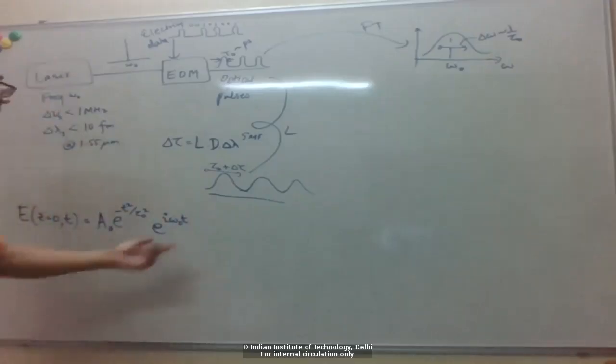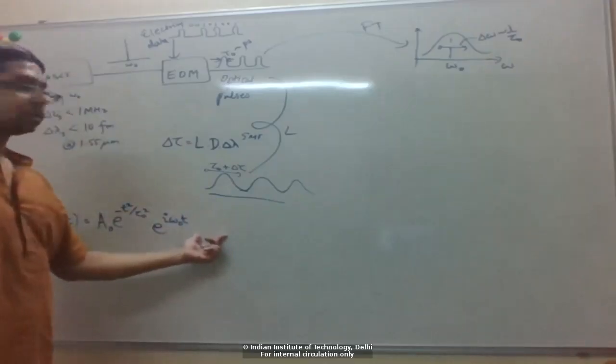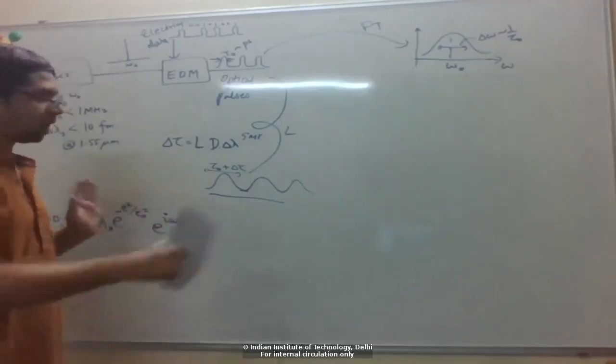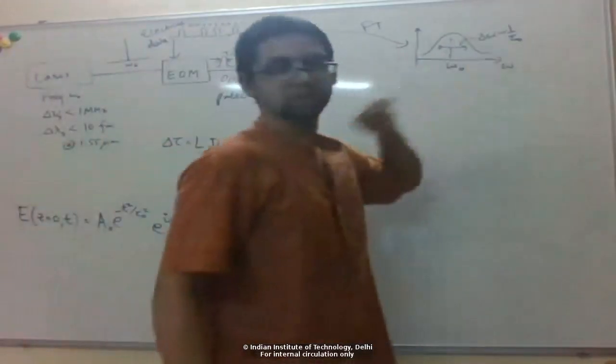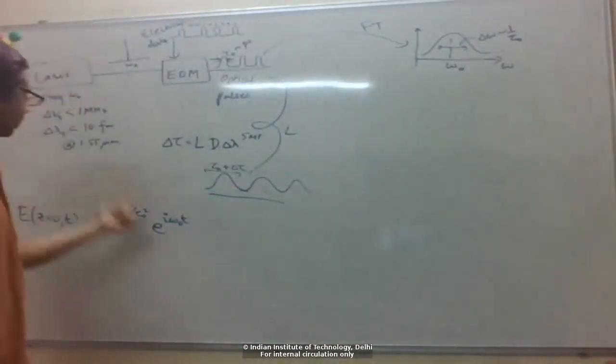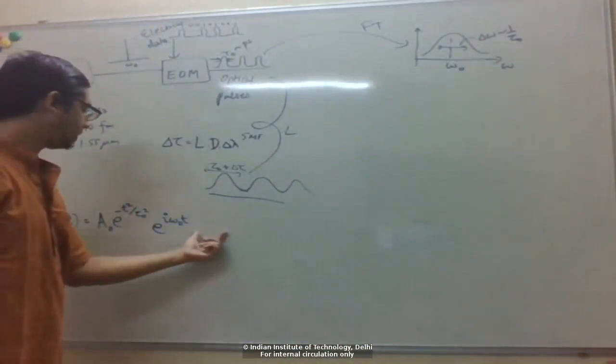For incoherent sources, we have these phase fluctuations, which give you a large bandwidth, much bigger than this, so the source determines the bandwidth. But for a single frequency laser, we have no phase fluctuations.